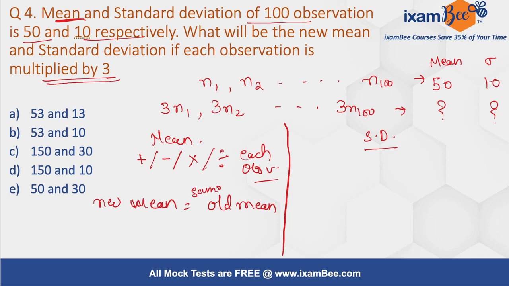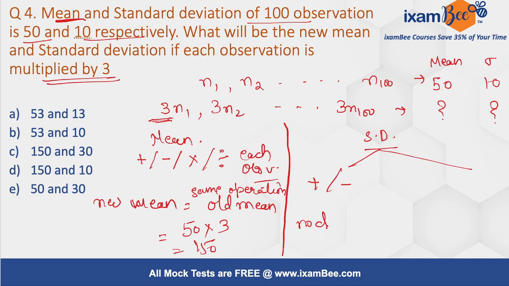Same operation. Okay. In this case, you are multiplying each observation with 3. So the new mean becomes, we have to multiply the old mean, that is 50, with the same operation, that is multiply with 3. So it becomes 150. But what happens in the case of standard deviation? There are two cases here. For addition and subtraction, no change.